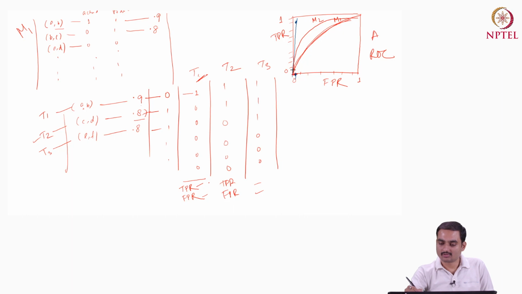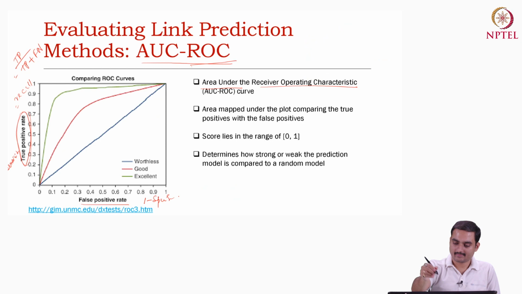Okay. So the more the curve actually moves towards this boundary, the better would be the model. So this is AUC ROC, and this is important particularly in case of imbalanced classification problem. Okay.